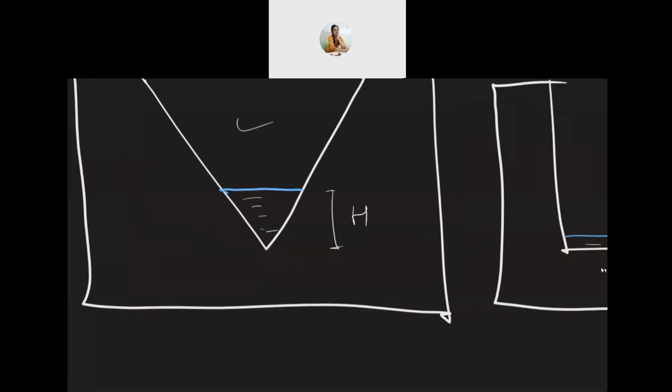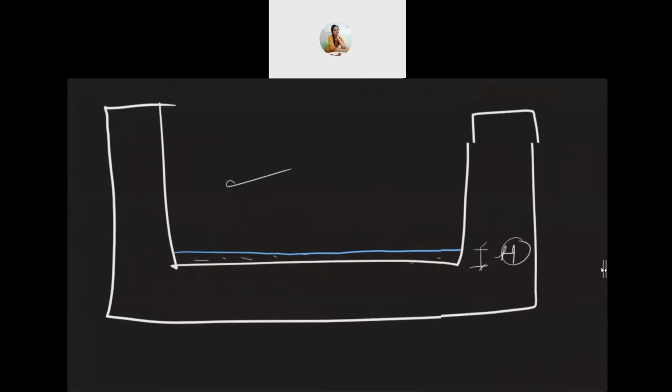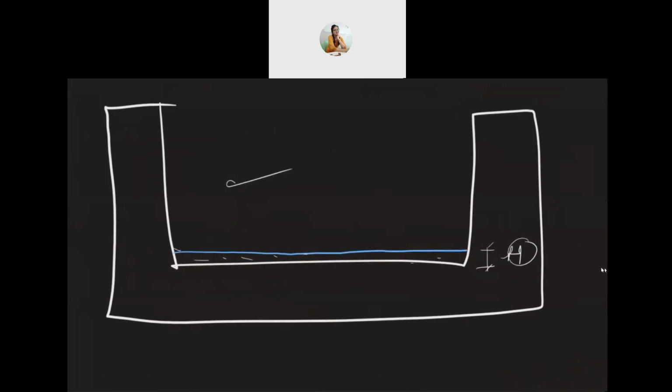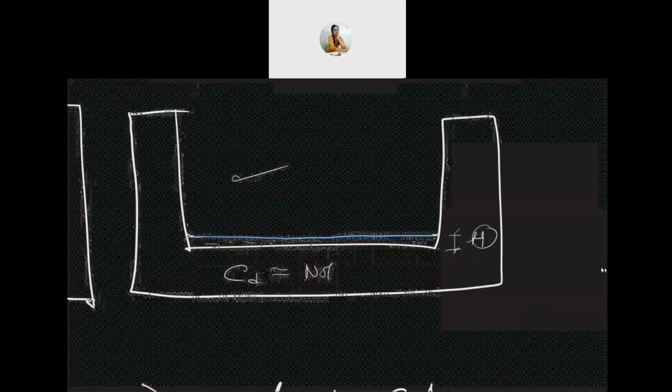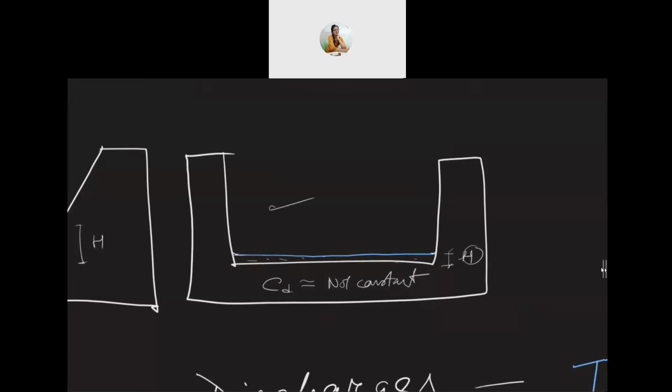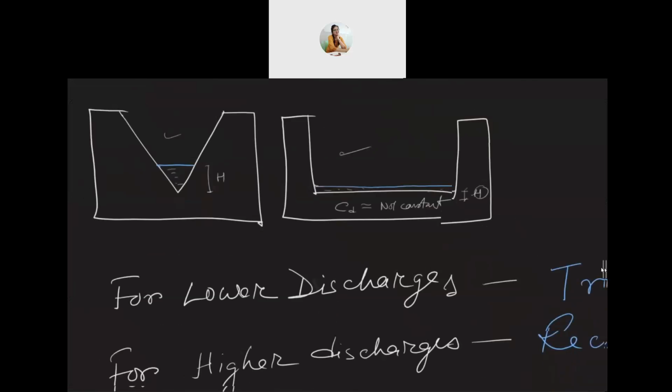which is easy to measure. And in the rectangular case, since the depth is very small, the effects of surface tension and viscosity may affect the discharge formula, and your coefficient of discharge will vary very rapidly. So you can no longer consider that as a constant value, and therefore the CD value that the manufacturer has provided will be applicable only beyond a certain value of discharge.